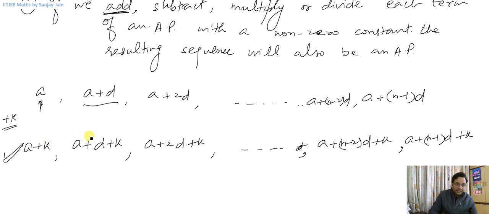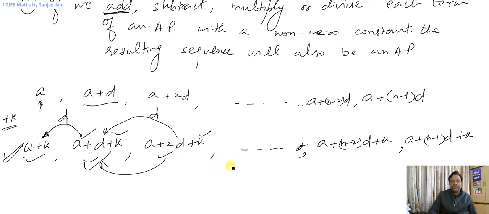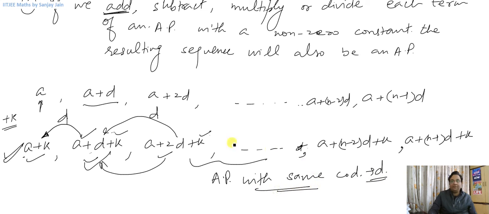Because when you subtract any term minus its previous term, A will get cancelled, K will get cancelled, and you will get D. When you subtract the second term from the third term, A and K cancel, and 2D minus D again gives D. So this resulting sequence is also an AP with the same common difference, D. But the common difference will not be the same in every case, so let us check each case.